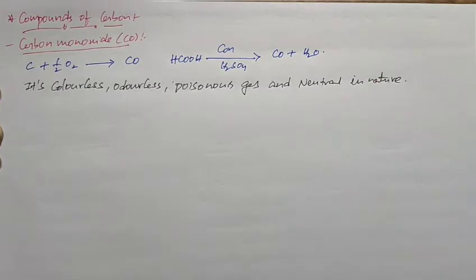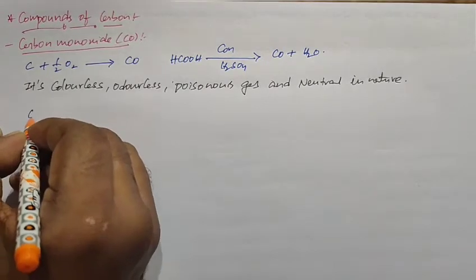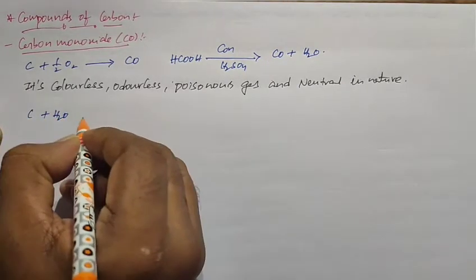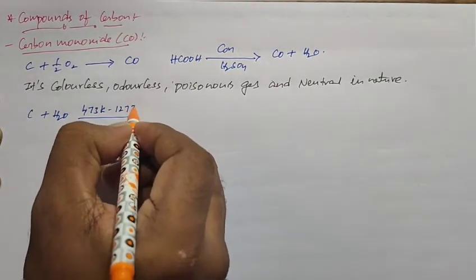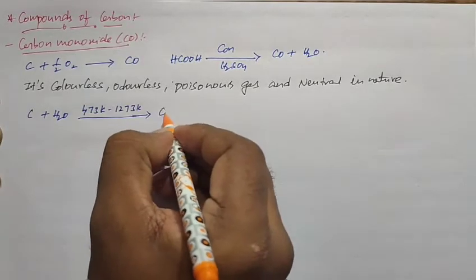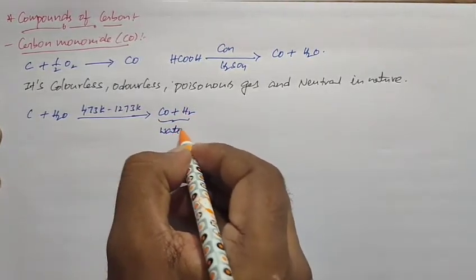So if you observe some properties, carbon monoxide is used for the preparation of water gas, producer gas, semi-water gas, for making carbonyl compounds, and as a reducing agent. First I take the preparation of water gas. When coke is heated with water at 473 to 1273 kelvins, it forms a mixture of carbon monoxide and hydrogen, which we call water gas.